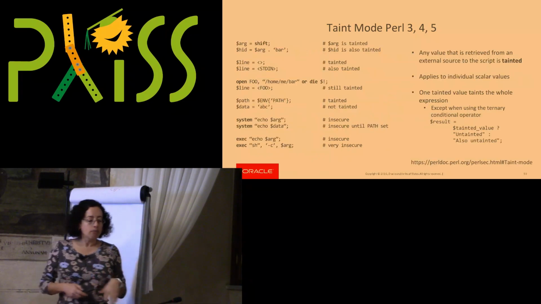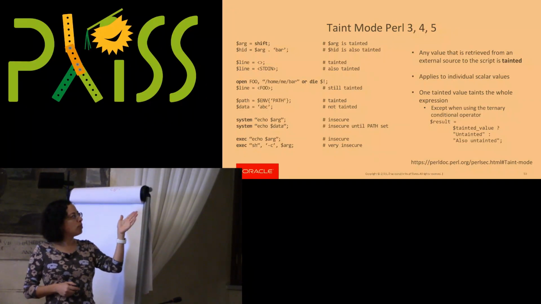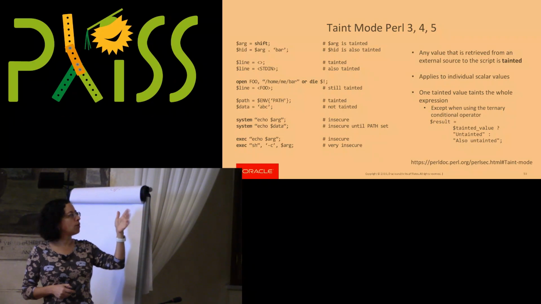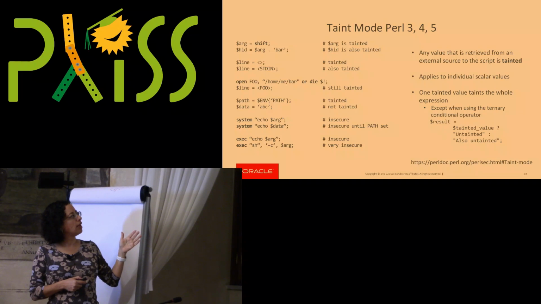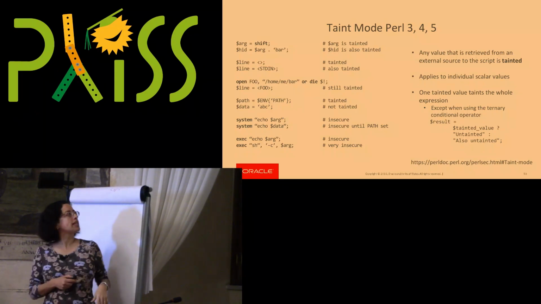Then if you look at some Perl code, you can see various different ways of how you can taint or not taint data. If you have an argument, by definition it's coming from the command line, so that's tainted.